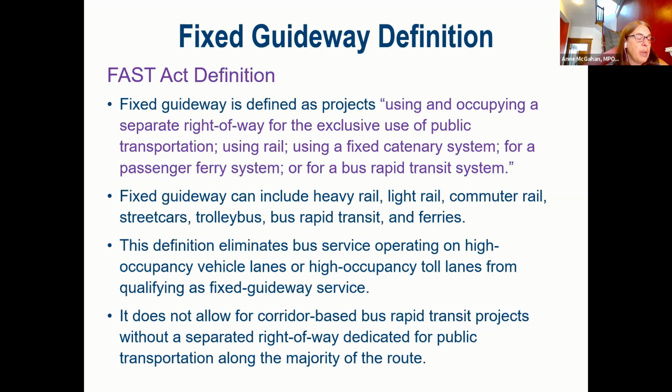This definition eliminates bus service operating on high occupancy vehicle lanes or high occupancy toll lanes from qualifying as fixed guideway service. And it does not allow corridor-based bus rapid transit projects without a separated right-of-way dedicated for public transportation along the majority of the route. So this would not include dedicated bus lanes in our region.